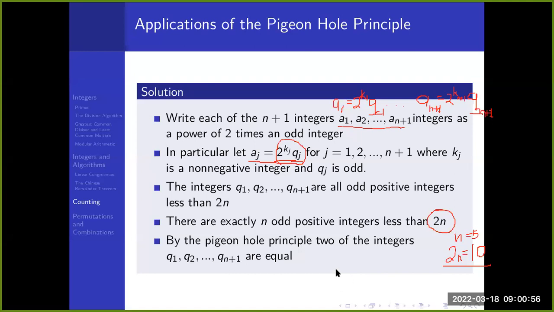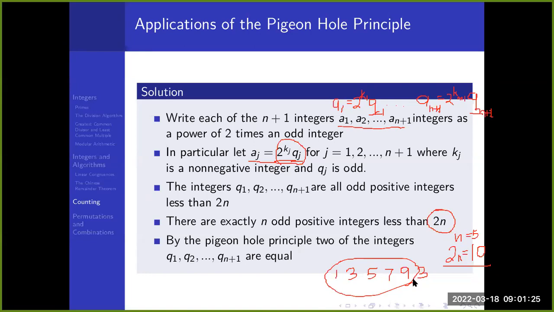My 5 numbers would be 1, 3, 5, 7, and 9. For me to have a list of 6 odd numbers less than 10, I have to repeat one of these, right? So maybe I can repeat 3, then I have no other odd number to pick from. So I have to repeat one of them for me to have a list of 6.